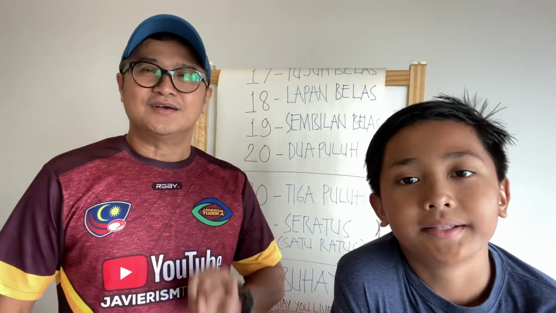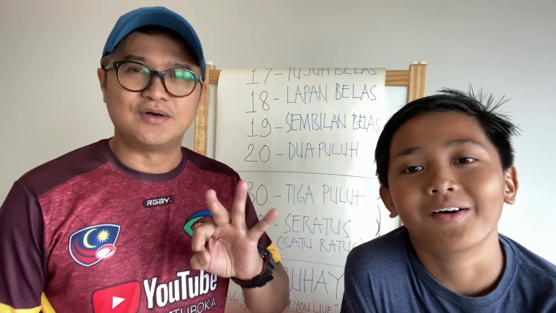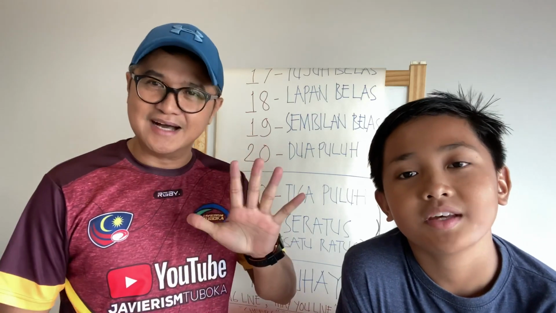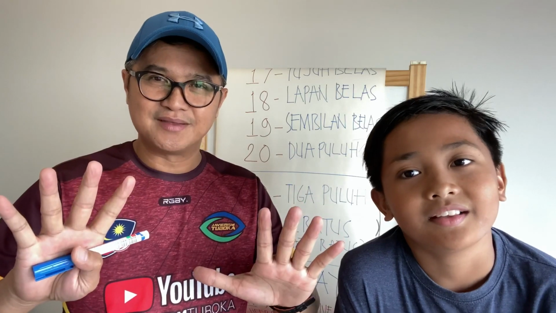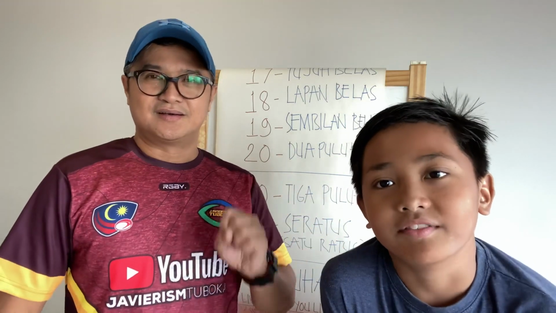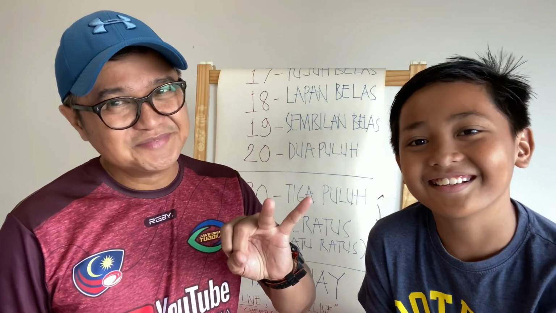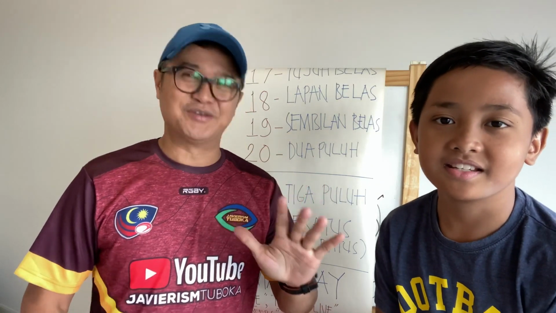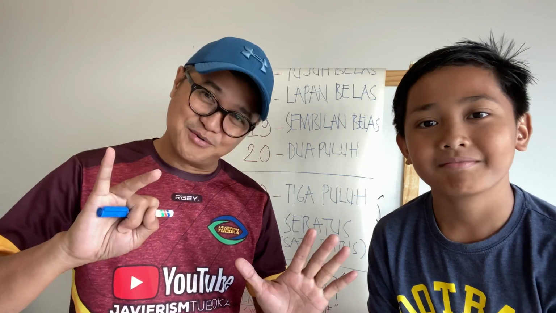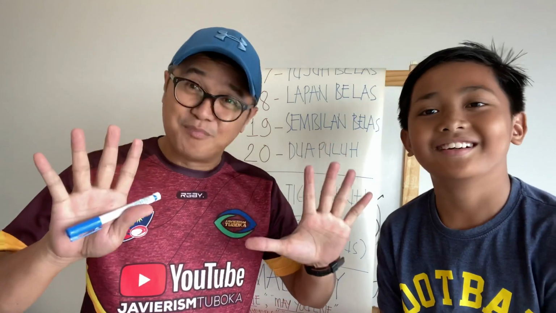Let's go. 1, isa, 2, dalawa, 3, tatlo, 4, 5, 6, 7, 8, 9, siyam, 10, 11, 12, 13, 14, 15, 16, 17, 18, 19, 20.